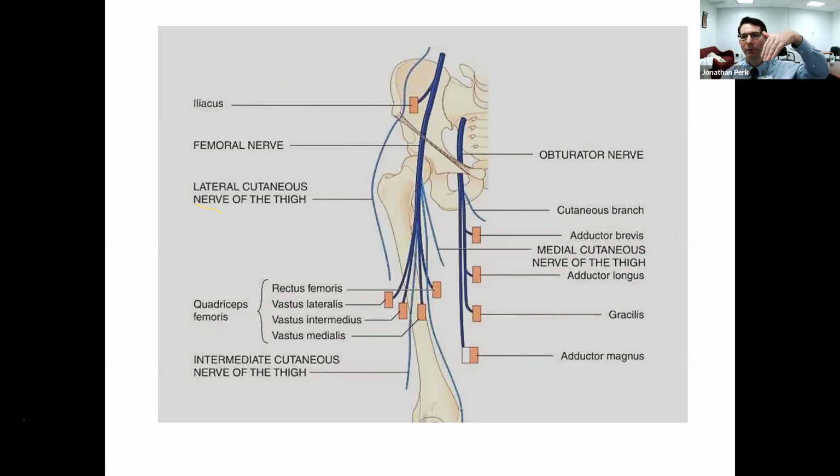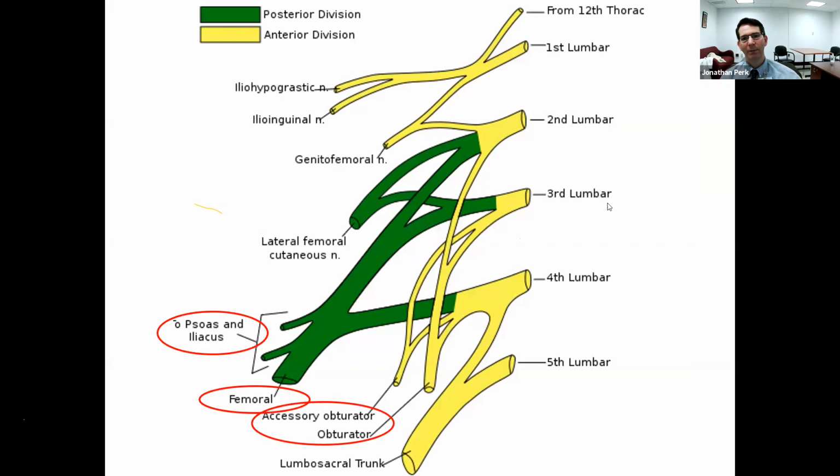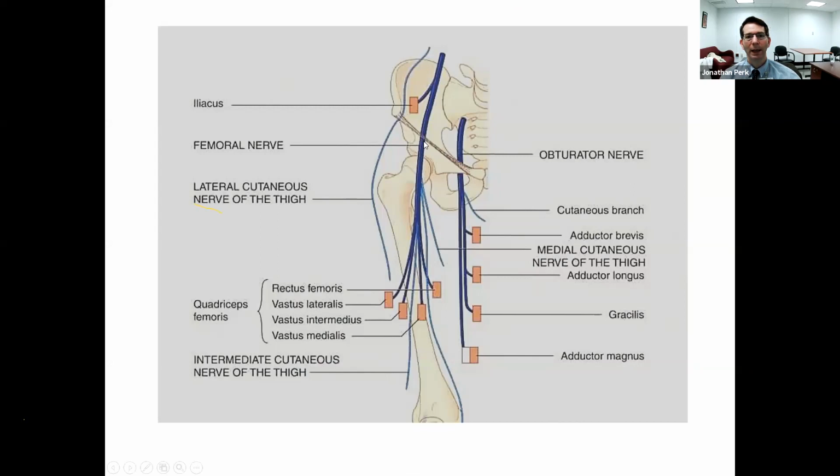And they're responsible for the extension of the knee. So we're not talking now about the hip. As you know, we're talking about the knee, extension of the knee. And remember, I promised you 2 reflexes. So this is the first reflex. This is the patella reflex, which tests the L2, 3, and 4. Remember, it's all the same nerves, the same roots, 2, 3, and 4, contributing to the femoral nerve. So extension of the knee.